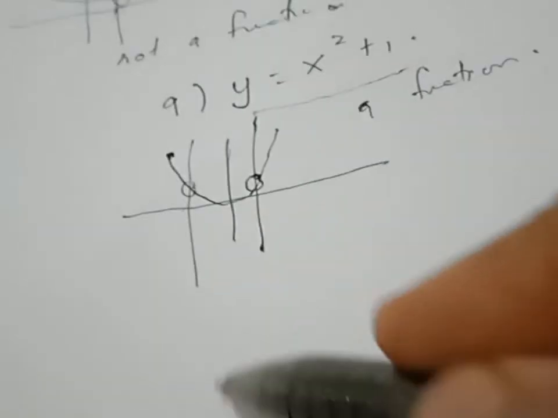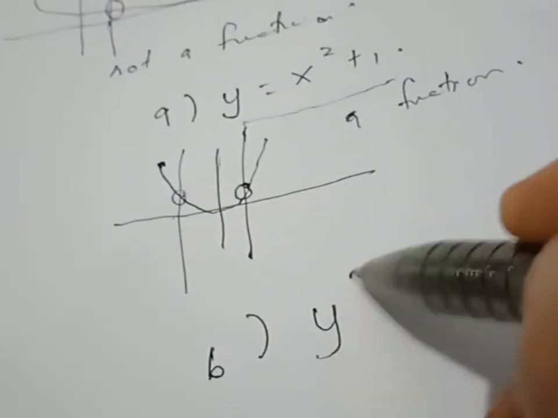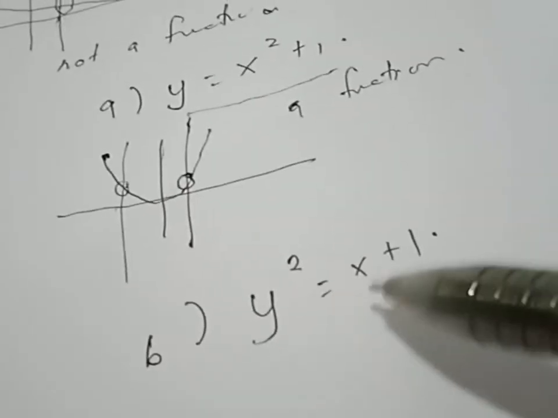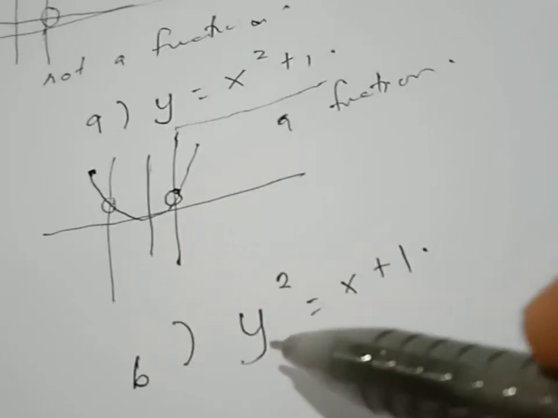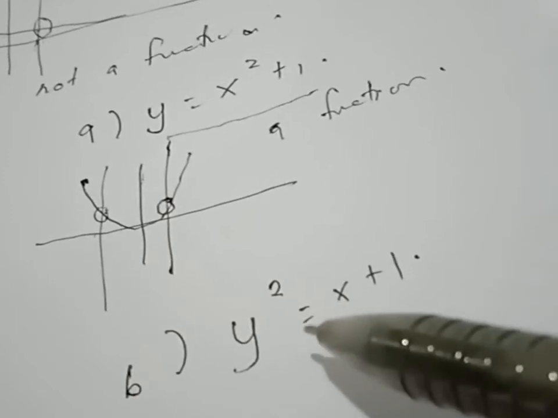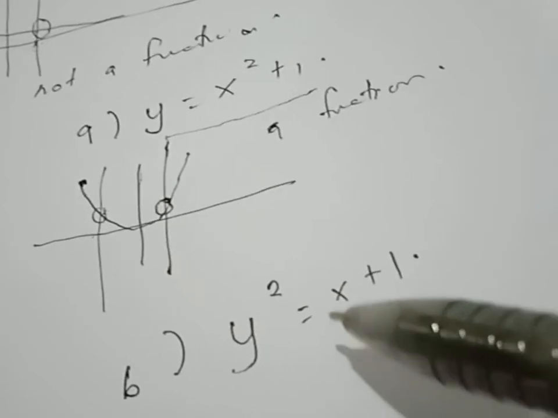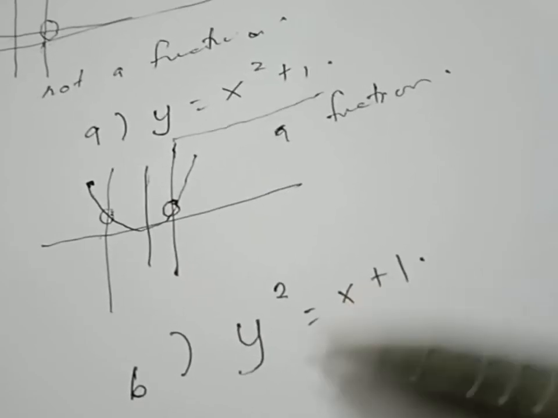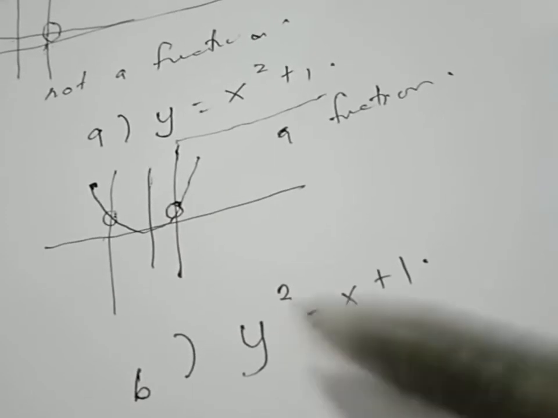Okay, for B, y square equal to x plus 1. Using this equation, we try to find whether there are two values of y for the same value of x, which would mean it is not a function.